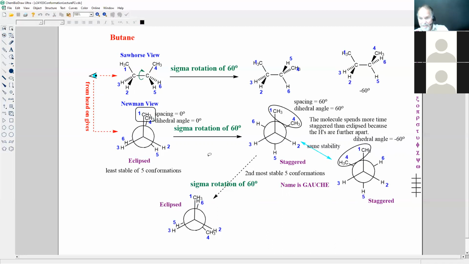They're almost touching each other. This is terrible. That's a very negative interaction. But there's a little room between a CH3 on a front carbon and an H on the back. So this is eclipsed, and it's the second least stable of the 5. It's not as bad. The groups aren't as close to each other. Second least stable of the 5.